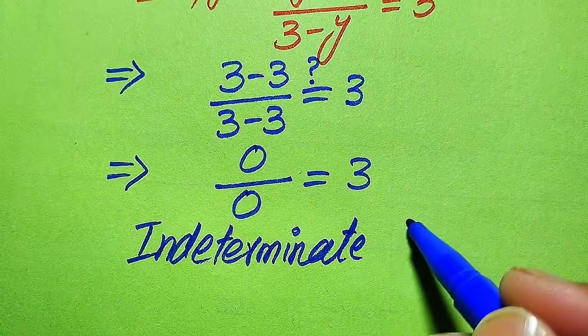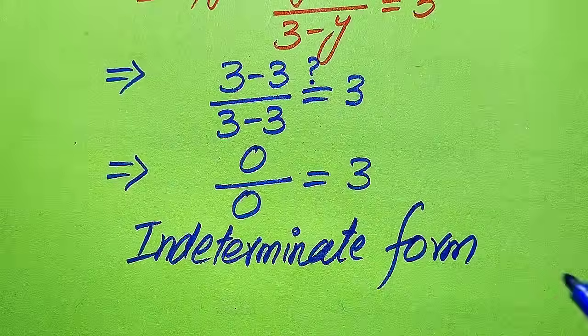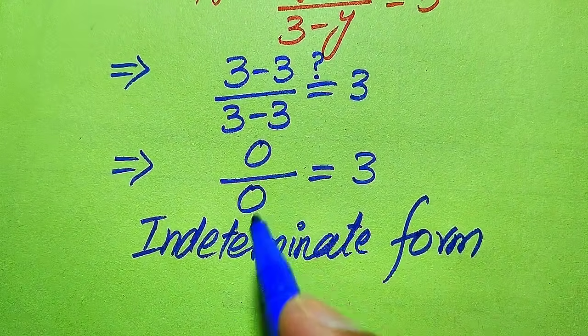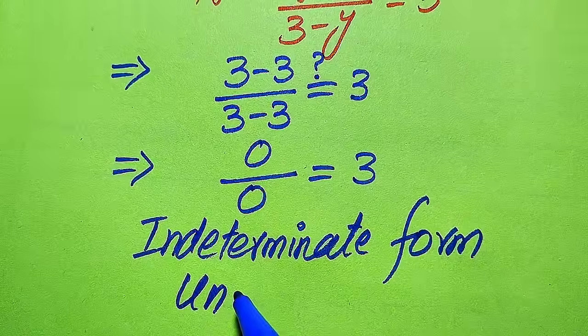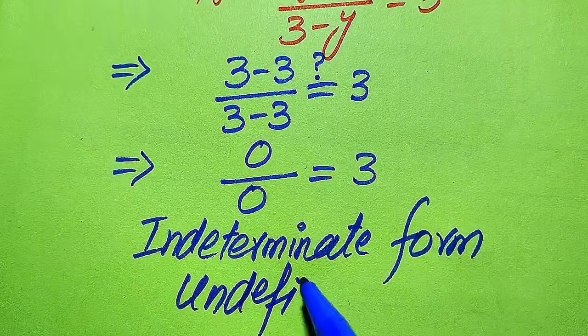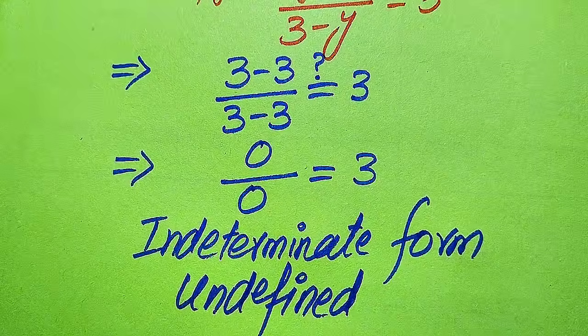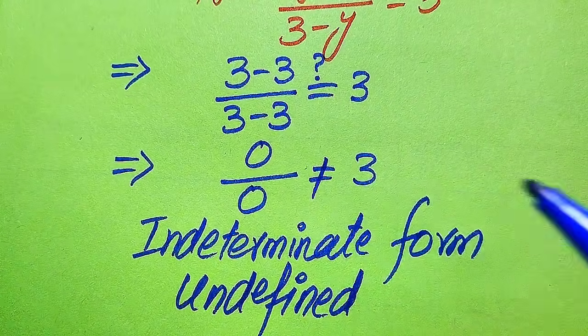So in other words, we say that our left hand side is undefined. If our left hand side is undefined, this means that both of the sides are not equal.